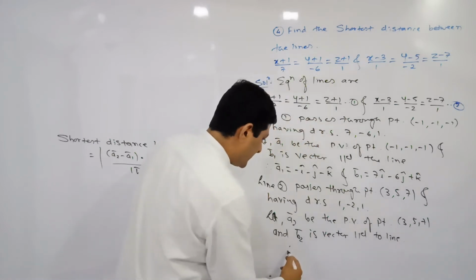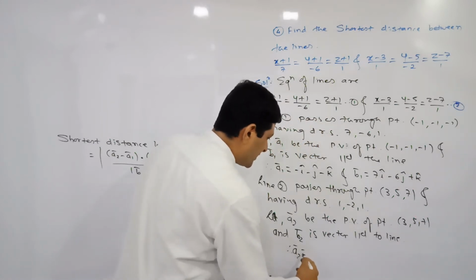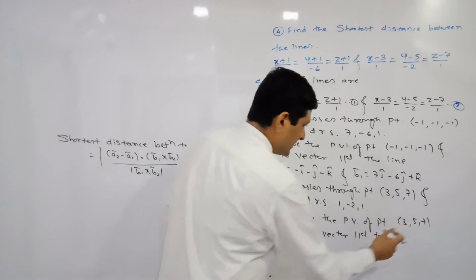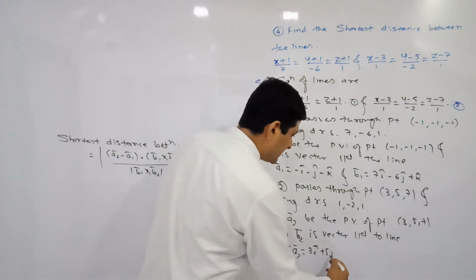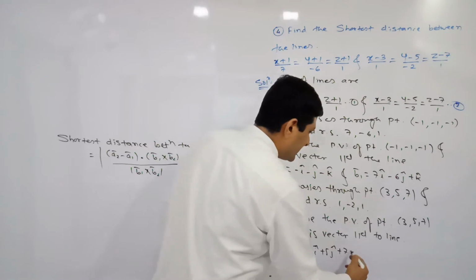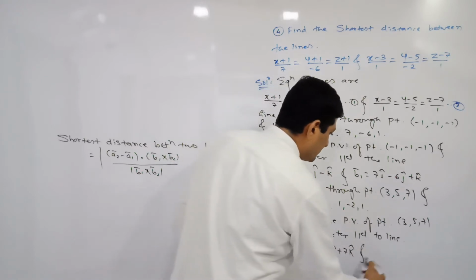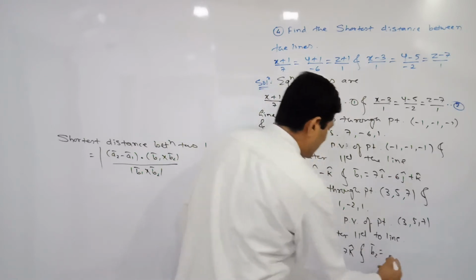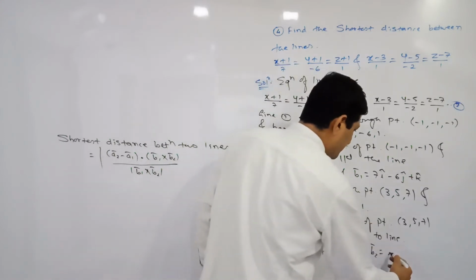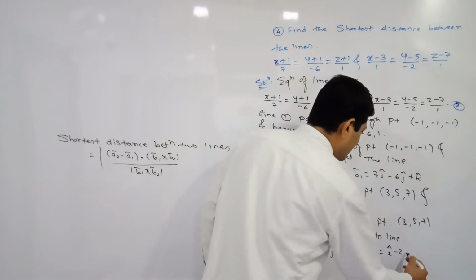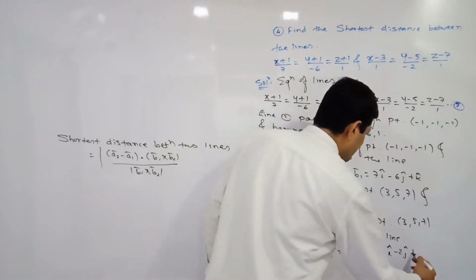So therefore A2 bar will be equal to 3i cap plus 5j cap plus 7k cap, and B2 bar will be equal to, what are the direction ratios here? 1, -2, 1. So therefore B2 bar is i cap minus 2j cap plus k cap.